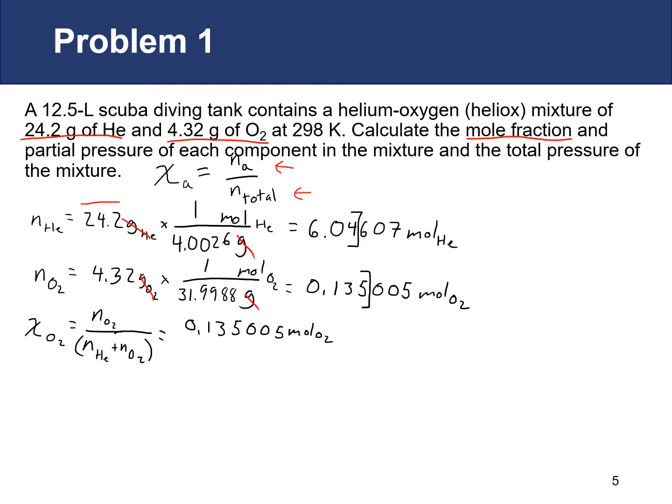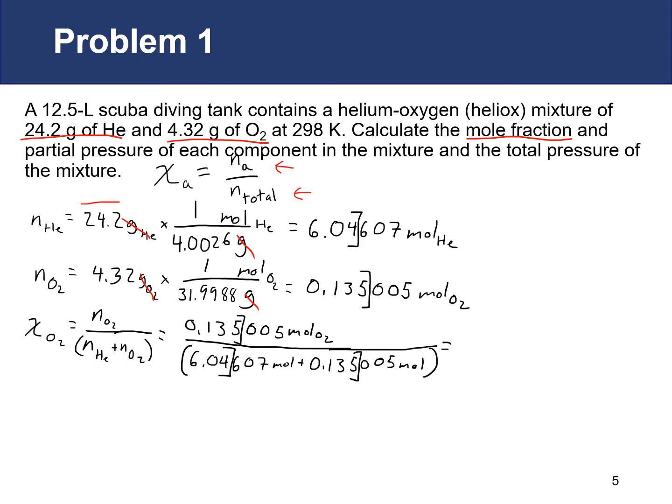Moles of O2 divided by, we will mark where our sig figs are, divided by our number of moles of helium, which is 6.04607 moles plus 0.135005 moles. Close our parentheses.